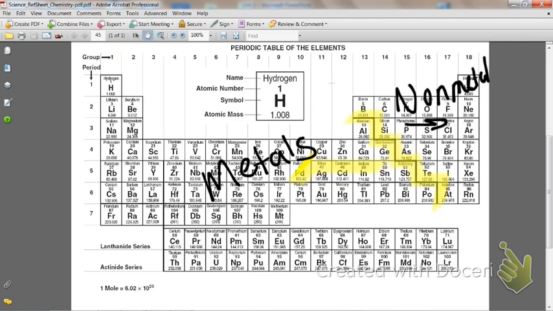By far, the most elements on the periodic table are the metals. So all of these are all metals that you see. The only exception to this is hydrogen. Hydrogen is considered a non-metal.